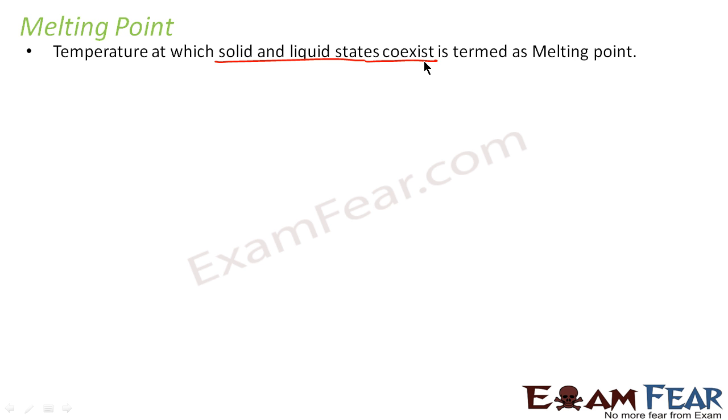So melting point is that temperature. It is a particular temperature when the solid state and the liquid state exist together. For example, we often say that melting point of ice is this temperature. That means at that temperature, ice gets converted to water, and at that particular temperature, both the solid state and the liquid state exist together.